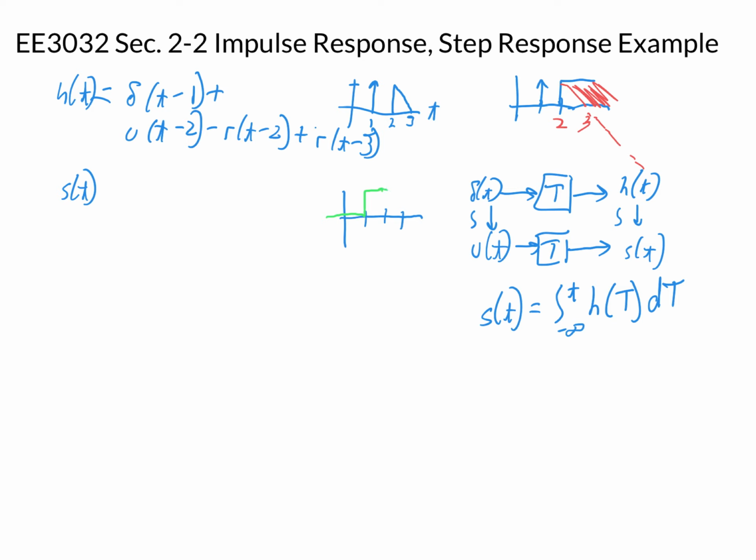Then starting at 2, I have this downward ramp. So I'm accumulating the area of that triangle, which has base 1 second and height 1 volt. So the area is 1/2 of a volt second. And I'm going to be accumulating that area from 2 to 3 seconds. So we get up to 1.5 here. At what rate do we do that?